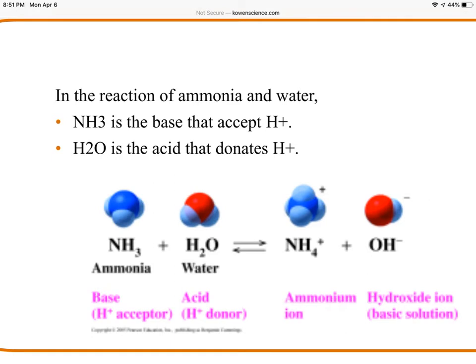In this example here where we have ammonia reacting with water, the ammonia is going to be the base that accepts the hydrogen, and the water is going to be the acid that donates the hydrogen.